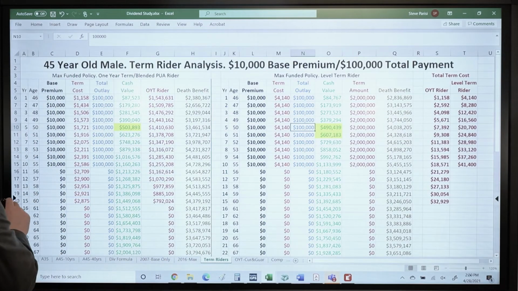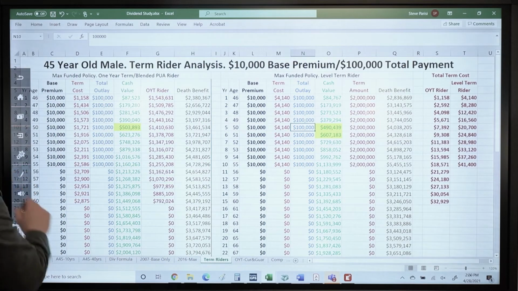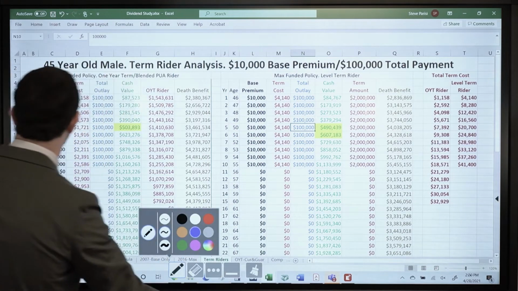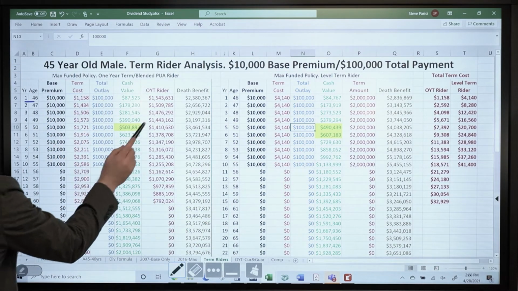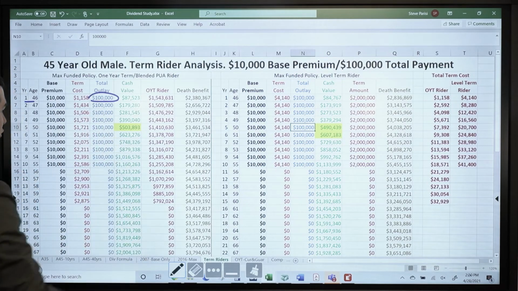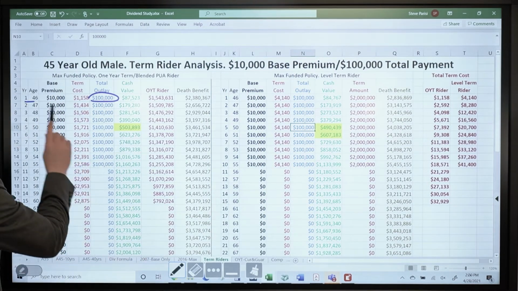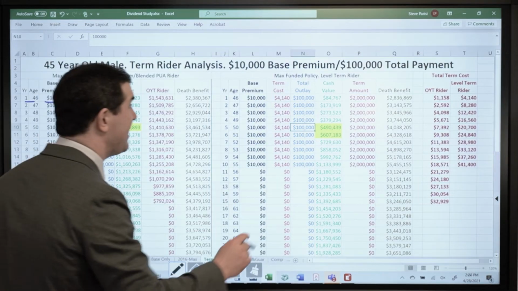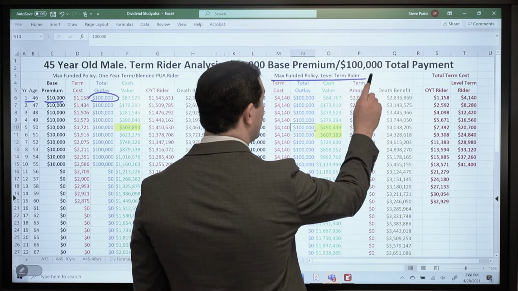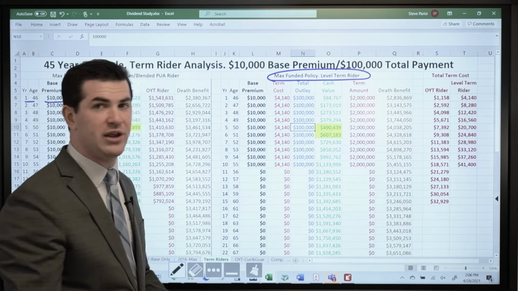First, we're going to look at a comparison of a policy with the same company on a 45-year-old male paying in $100,000 per year. We have a 1-year term rider, 1090 split, and then we have a 1090 split as well with a level term rider. You can use either one.